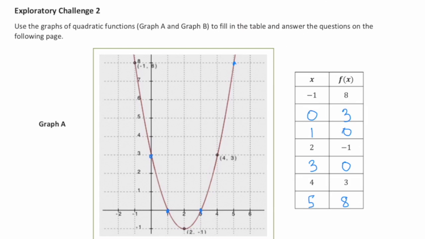Now, one of the things you may notice with a quadratic is that each point is exactly the same distance from the other when it has the same y value. And so what I'm doing right now is showing that to you.